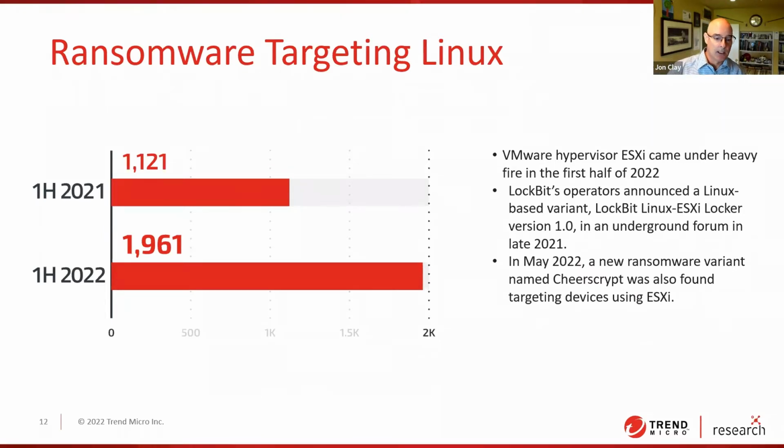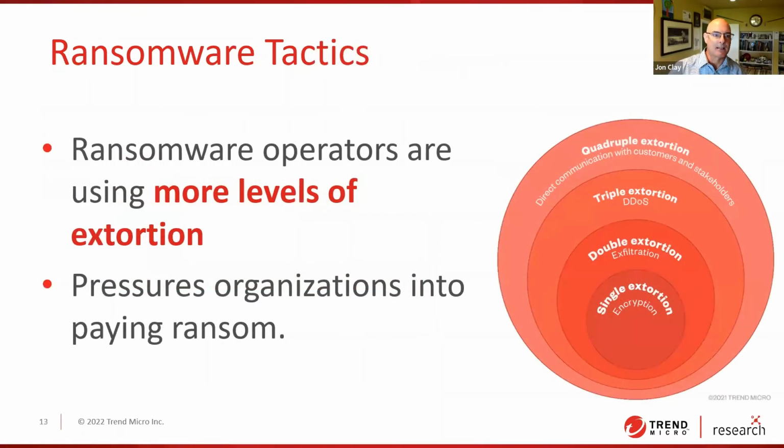So we're definitely seeing that. Some of the tactics, as I mentioned before, operators are using more levels of extortion. So we even see quadruple extortion, where they actually directly communicate with your customers. When they steal that data, a lot of times that data is going to include supplier contact information, customer information, and they may actually contact those people and organizations and say, hey, you should put pressure on this group because we have some of your data that we would sell in the underground.